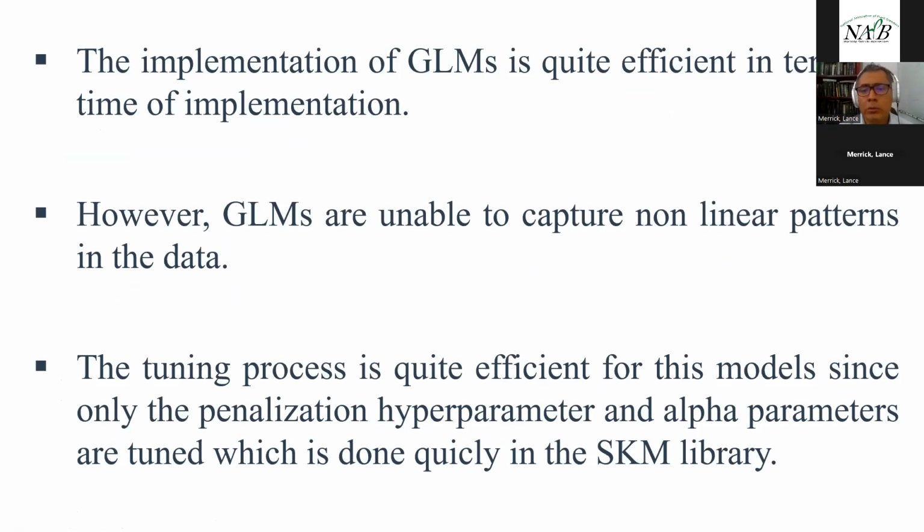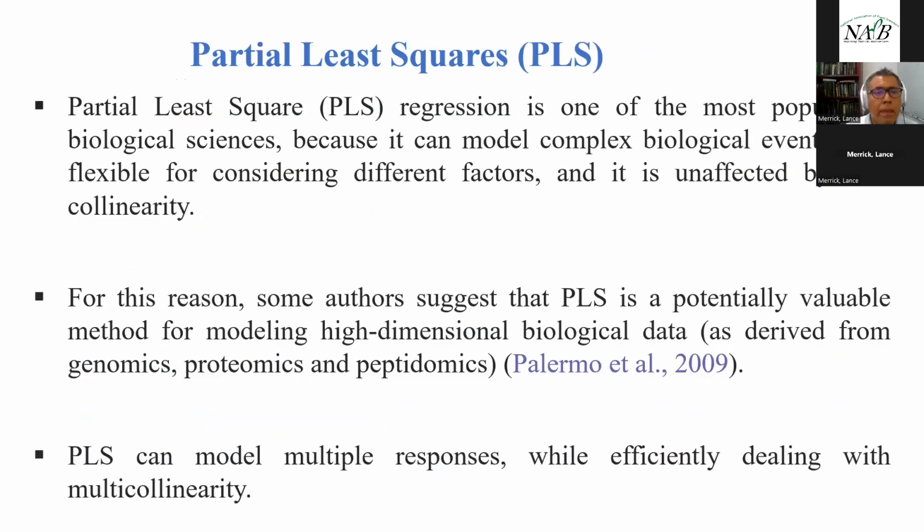GLMs are unable to capture nonlinear patterns in the data. For the reason you need to be aware of this limitation. The tuning process is quite efficient for models that have few hyperparameters. In this case, we need to tune 2 hyperparameters, the alpha hyperparameters, but for sure, if you put large grids or a lot of iterations, the time will be considerable.